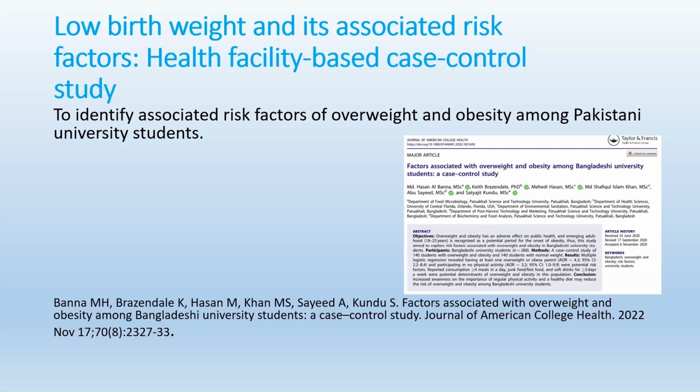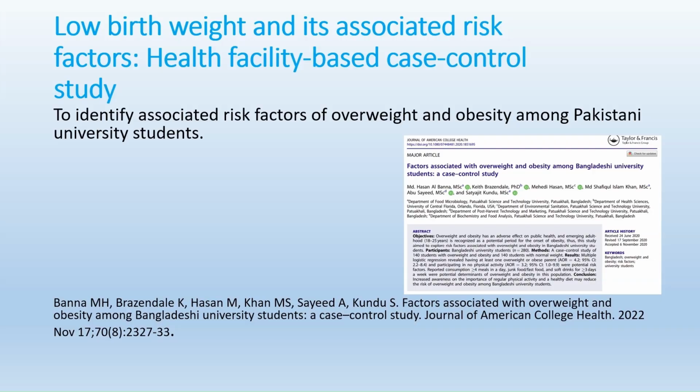For the second case or objective, to identify associated risk factors of overweight and obesity among Pakistani university students, we search a reference article, "Factors associated with overweight and obesity among Bangladeshi university students, a case control study."